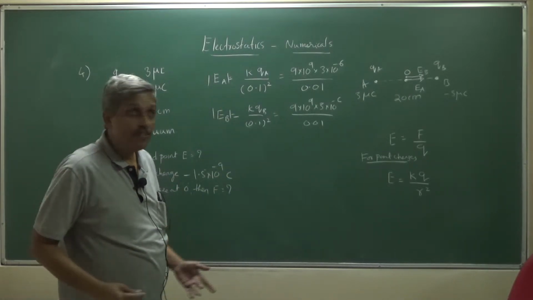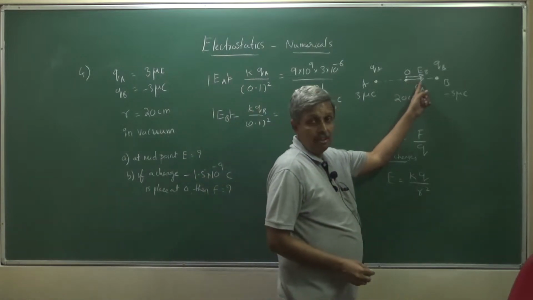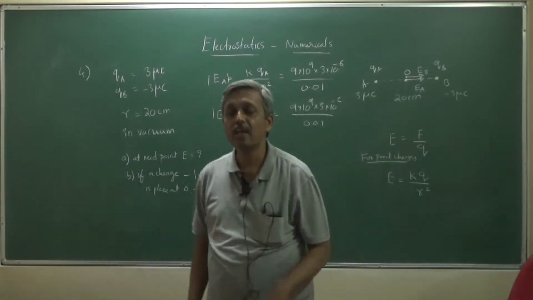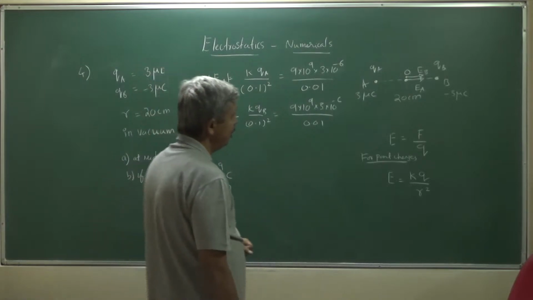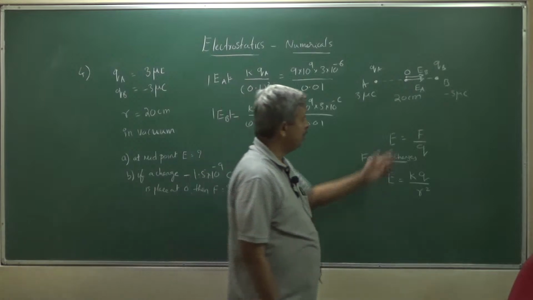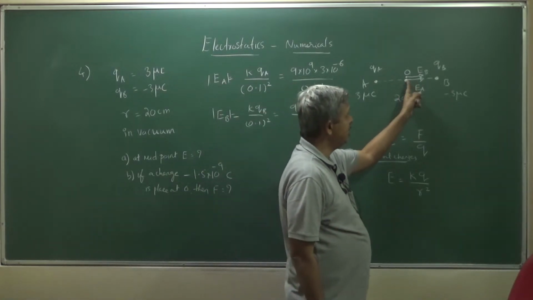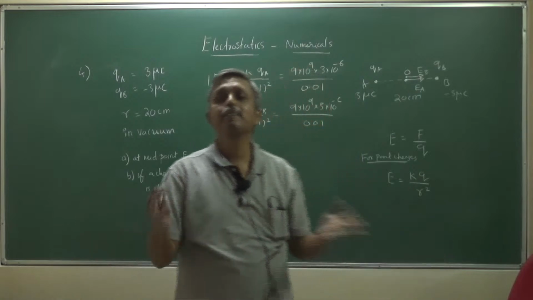Now, if you want to get the total electric field there, you have to add the electric fields. How do you add the electric field? Electric field can be added not as a scalar but as a vector. Vector addition, when they are aligned in the same direction, you can add almost like a scalar, so you can just simply add.